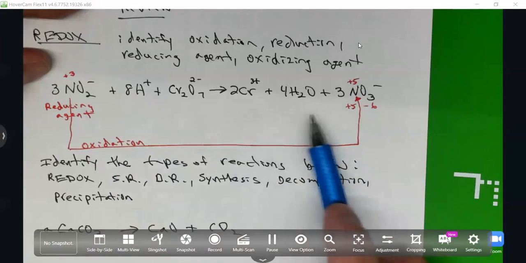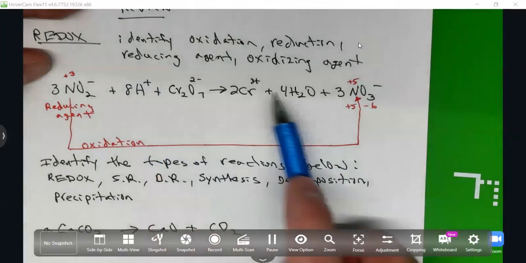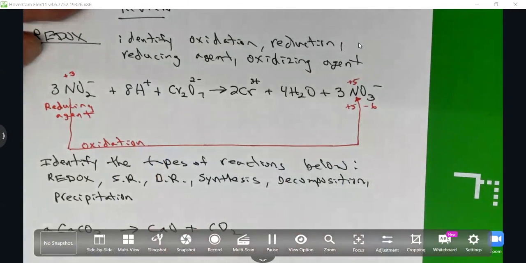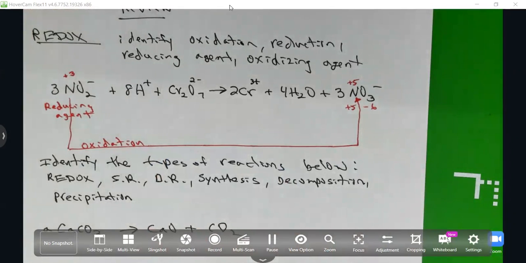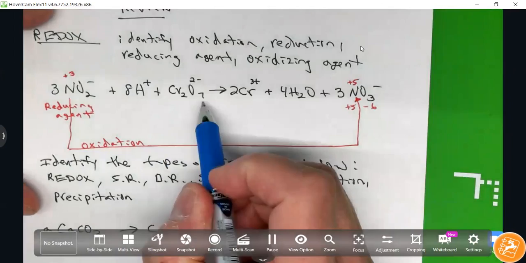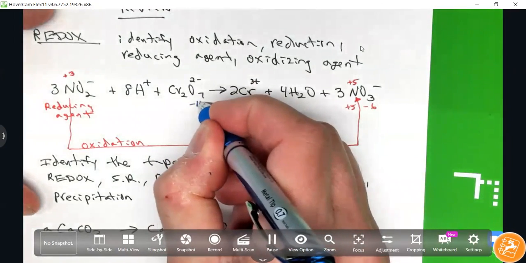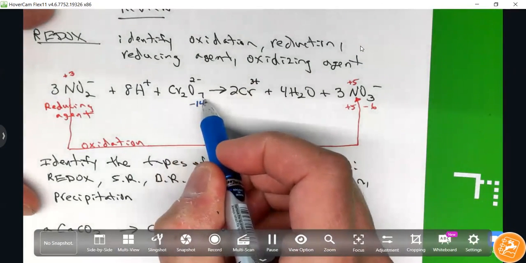Now let's see, this hydrogen seems to be a +1 and a +1. Let's see what this chromium is doing. The chromium right here, this is going to give us -14 for 7 of them, right?